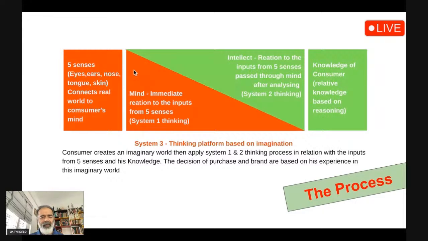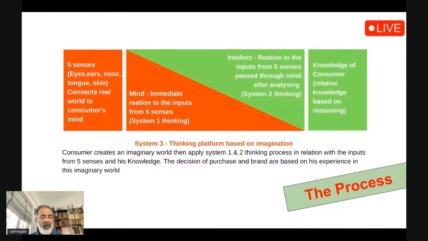Then immediately, for system two, that information will be passed on to your intellect, and the intellect starts thinking. That is the reaction to the input from the five senses passed through the mind. The intellect will take the input from the mind's reactions and react logically.